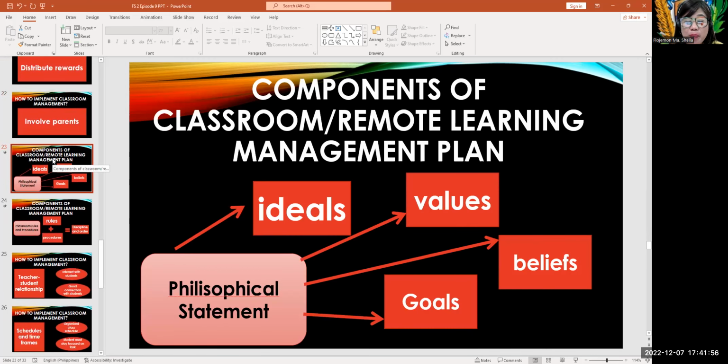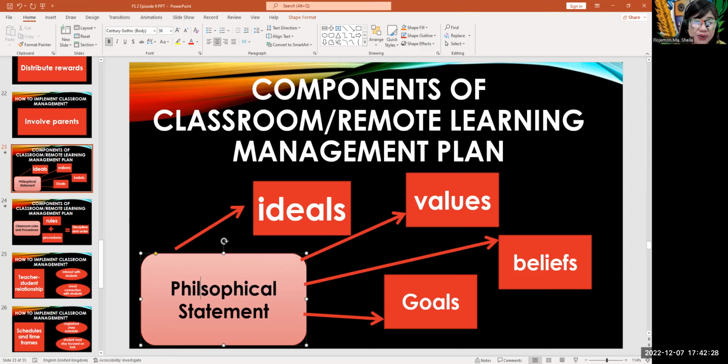Now, these are the components of a classroom or a remote learning management plan. First is the philosophical statement. Looking into the picture, we have four very important things in your philosophical statement. These are the ideals, values, beliefs and goals.